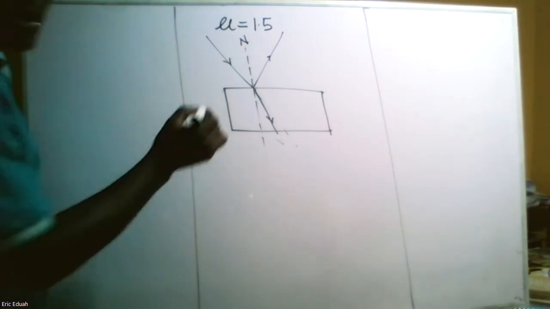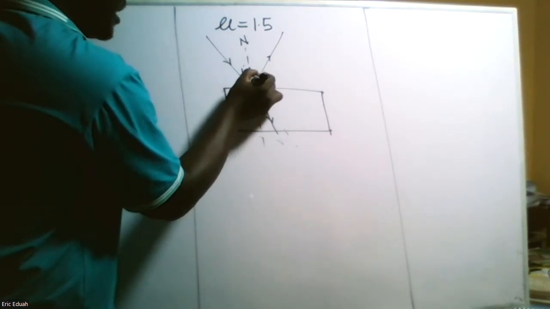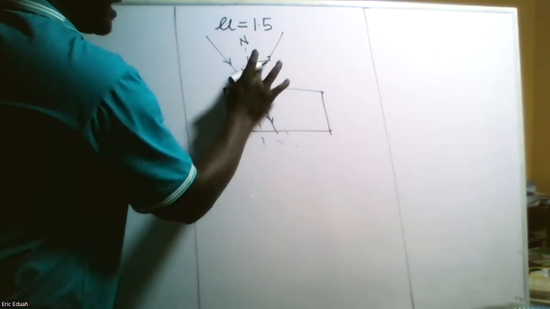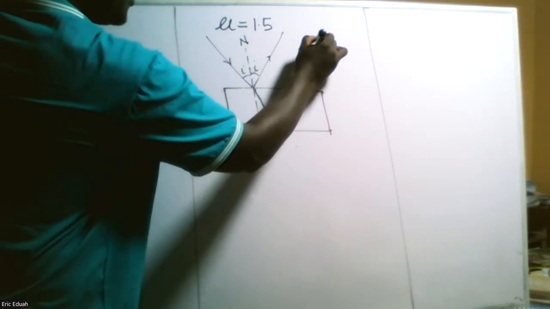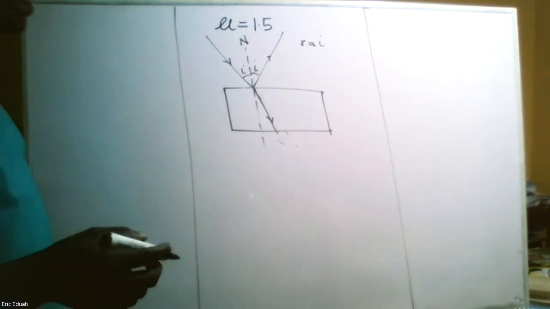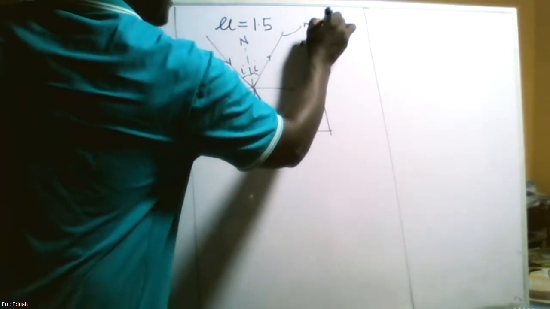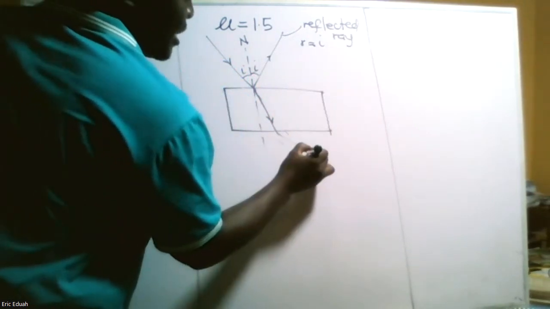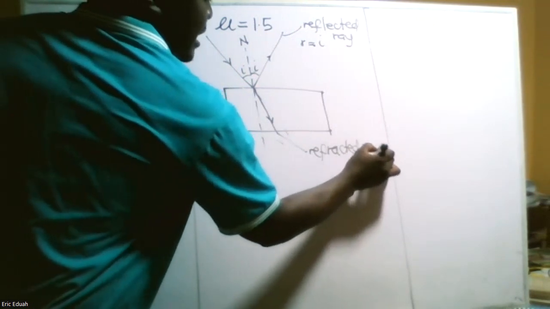Okay, now you know angle of incidence equals angle of reflection. So this is R, but we know R is equal to I. So instead of R, let's put I because R is equal to I. Now we are told that the angle between the reflected ray and the refracted ray is 90.